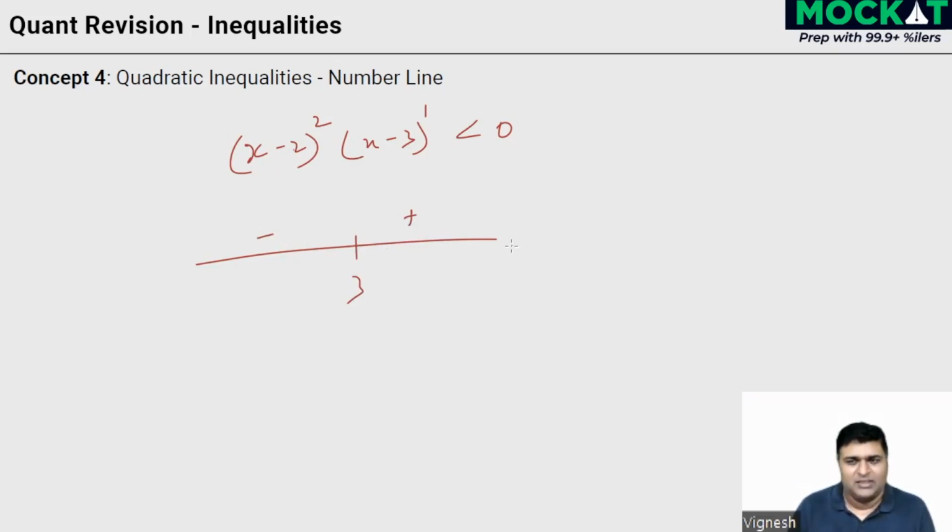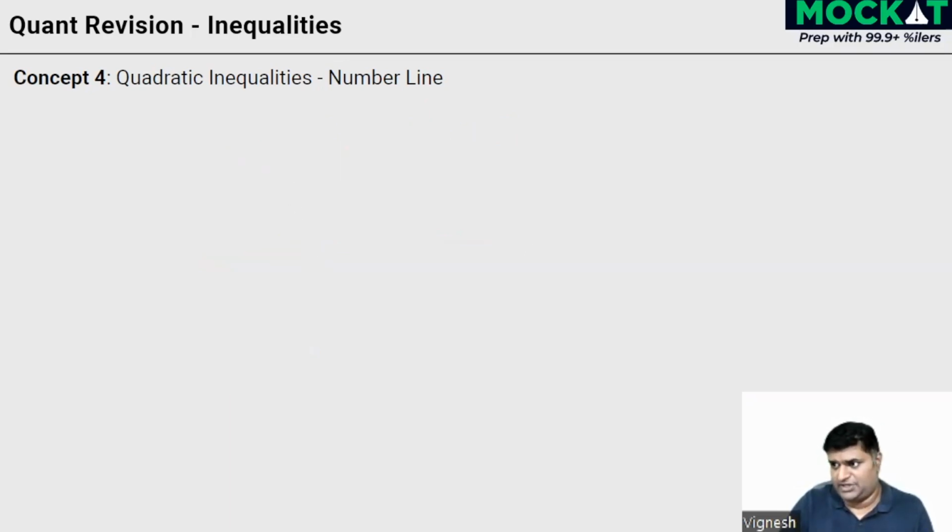The only exception is the point 2, where the output becomes 0 because of the x minus 2 whole square. Anything other than it, like 2.0001 or 1.999, results in a negative value. So remember this: keep the even parts aside. You're concerned only about the odd parts on this number line. But for those even-power roots, the expression can become 0. That's the only condition over there.